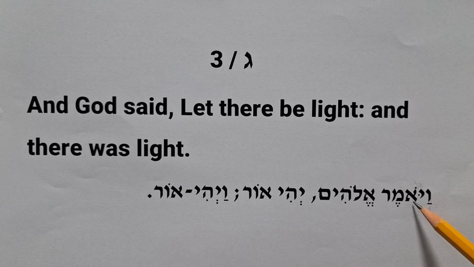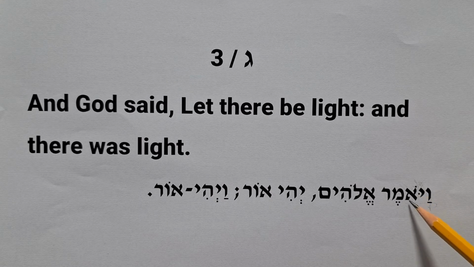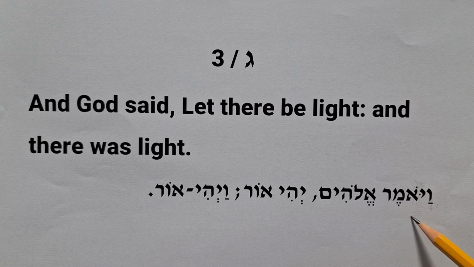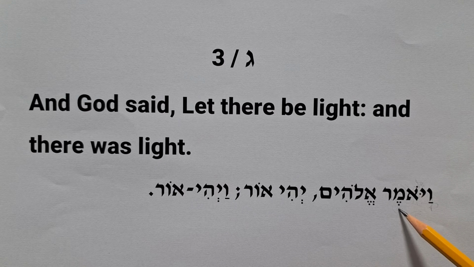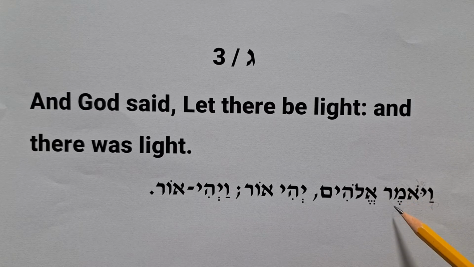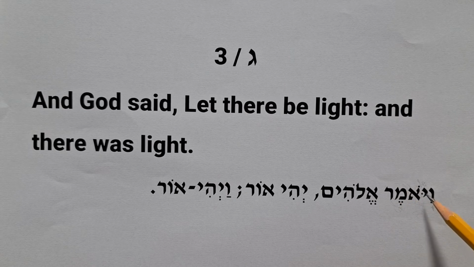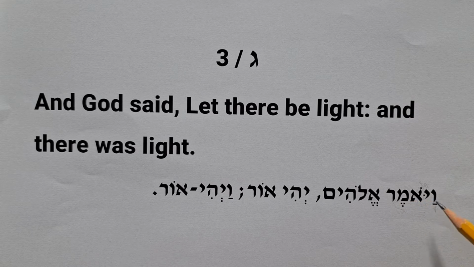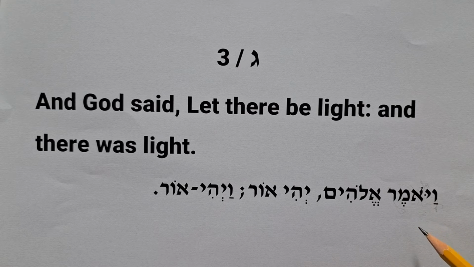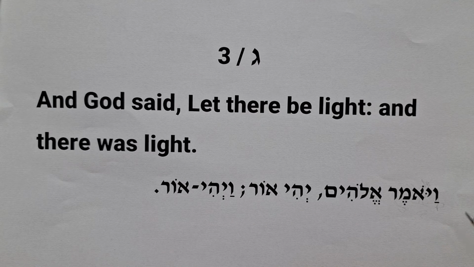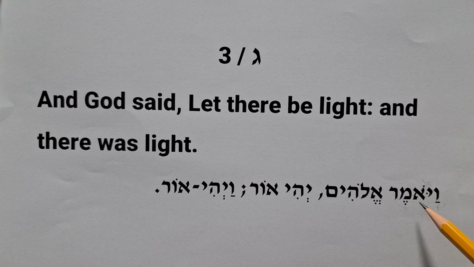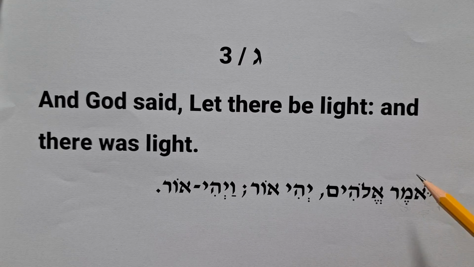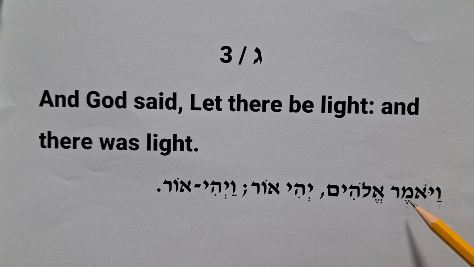We have to have this letter here, aleph, and mem with segol, the sound of me, and reish, r, vayomer. We'll talk about the verb in the future, that we have at least three letters in the verb most of the times, but we'll talk about it in the future, so stay tuned.